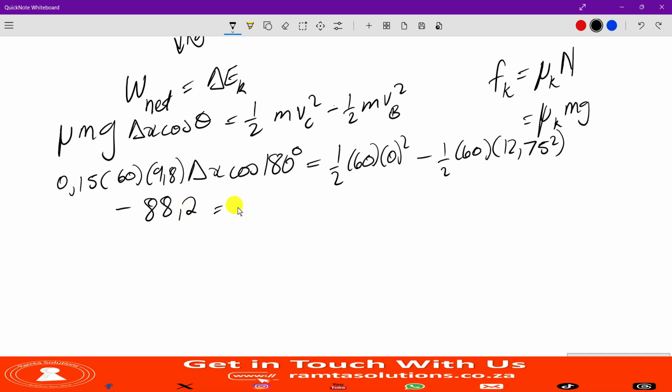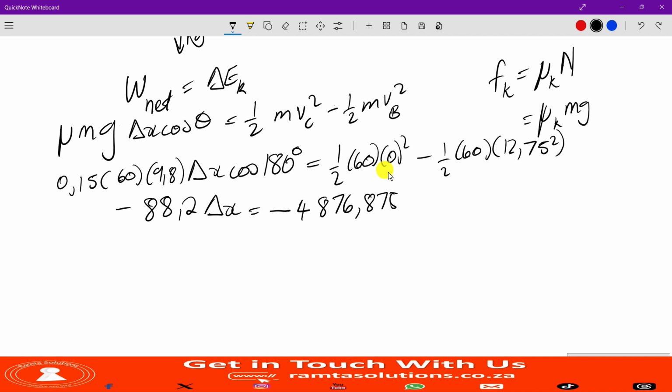Now 0.15 times 60 times 9.8 times cos 180 is negative 88.2, times delta x, do not forget the delta x. That equals negative half of 60, which is 30, times 12.75 squared. What is that? This is negative 4,876.875.